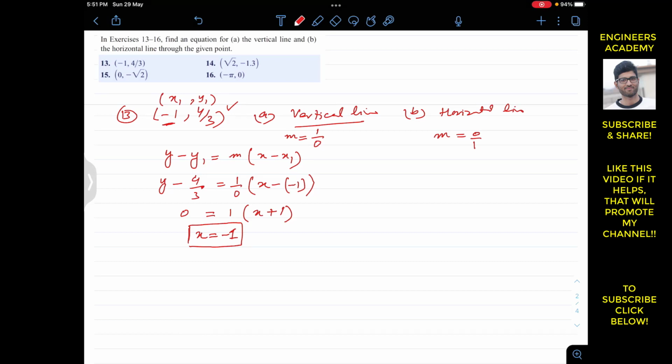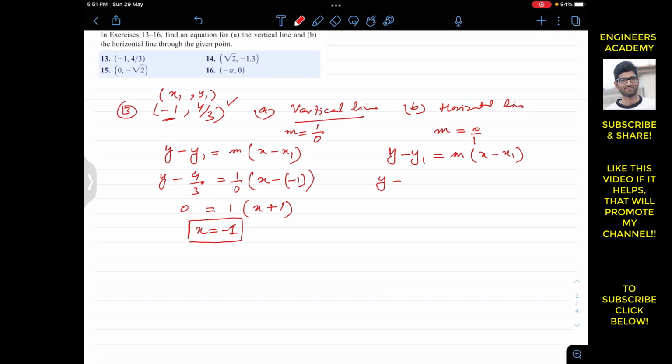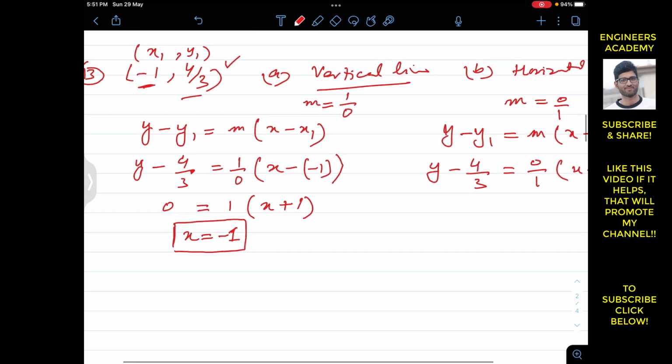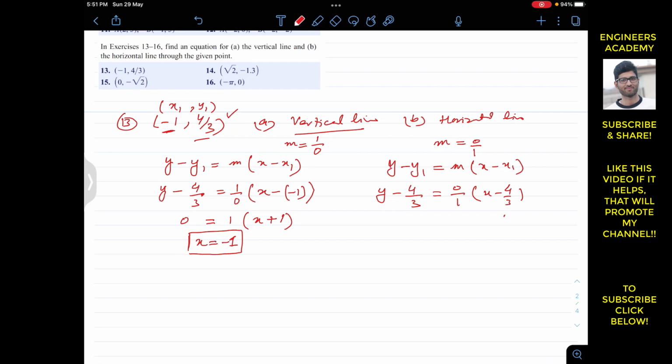Similarly for the horizontal line, again we use the point slope equation. Now the slope is 0 divided by 1, so we can write y minus 4 divided by 3, since y1 is 4 divided by 3 again, and the slope is 0 divided by 1, times x minus x1, and x1 is minus 1.